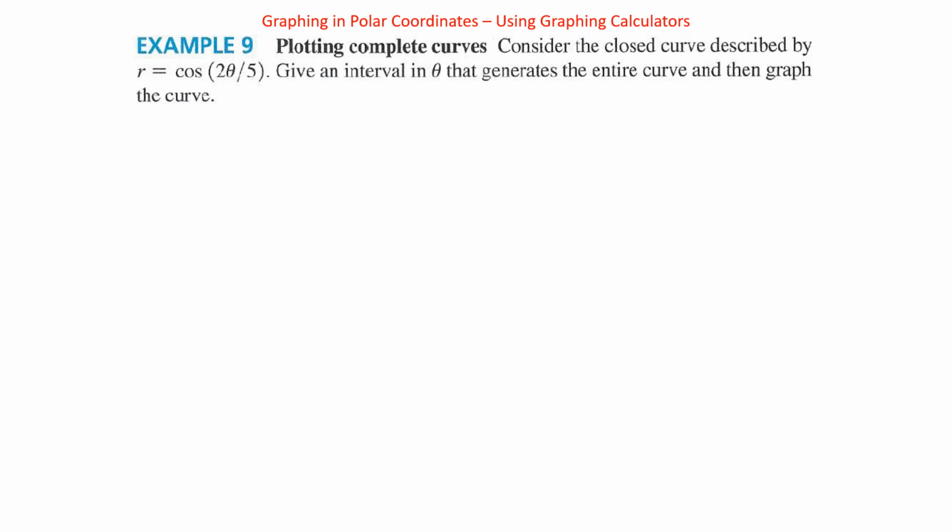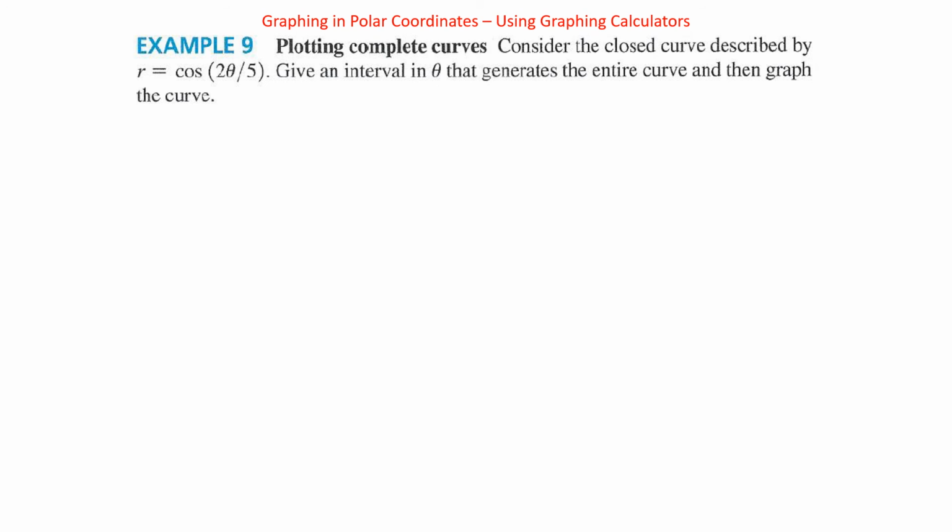But we can graph, so we could consider the closed curve described by r equals cosine of 2 theta over 5. And so you could plot that. You could pause me right now if you wanted to plot it, see what it comes up with. But we want to graph the whole curve. The closed curve means that it's going to connect to the starting point.